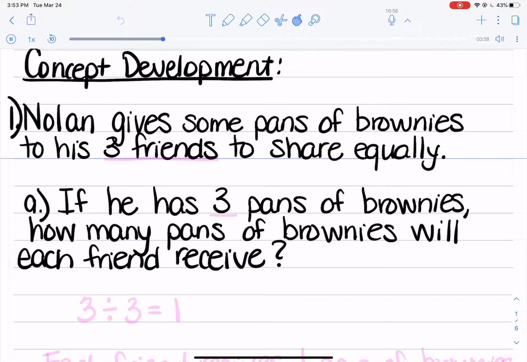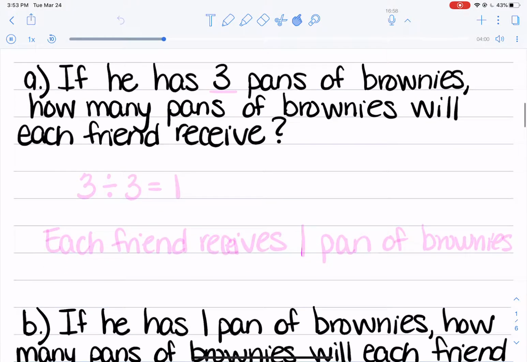So he has 3 pans, and the 3 pans of brownies need to be divided equally with 3 friends. So our division sentence would be, I think you guys already have this, 3 divided by 3 equals 1.